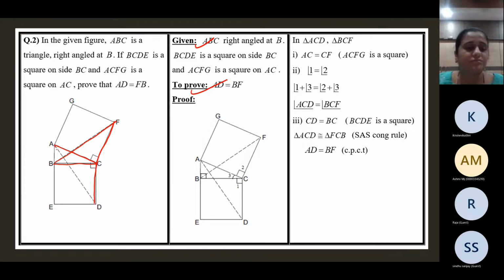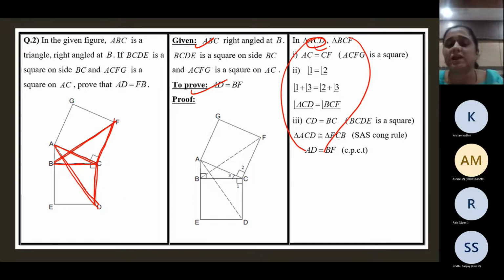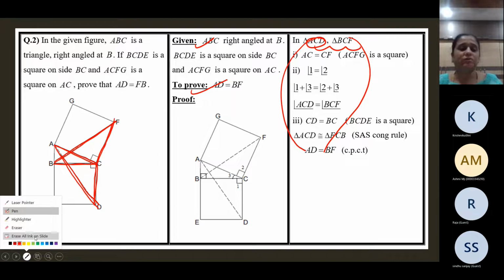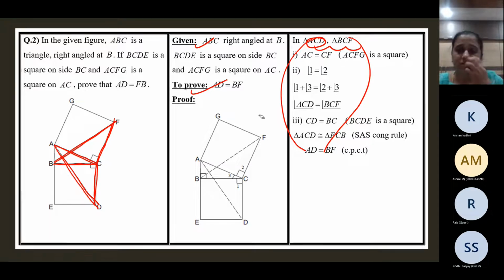ACD has AD, and BCF has BF. So when you take up these two triangles and show that they are congruent, by CPCT you get AD is equal to BF. Now, how do you show that these two triangles are congruent? See here, everything is available.